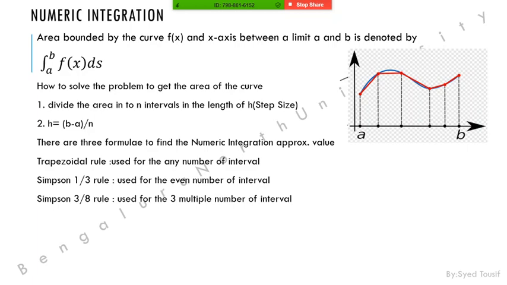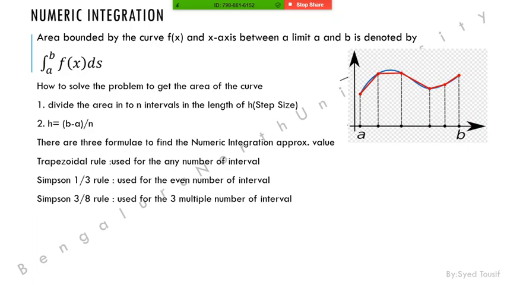If we divide in this format, then we have to use the Simpson 3/8 rule. These three formulas are used to calculate the approximate value of the curve, the approximate value of the function.